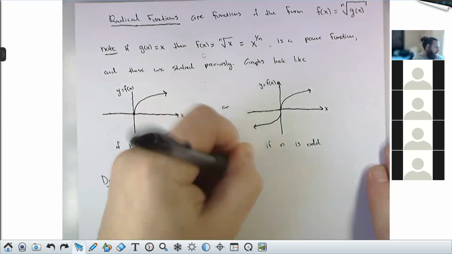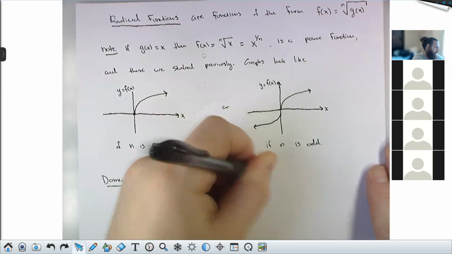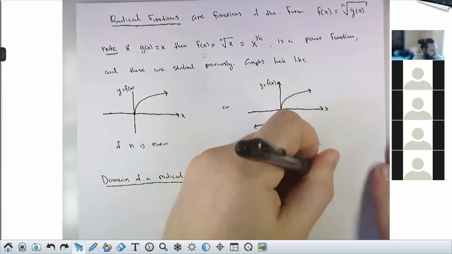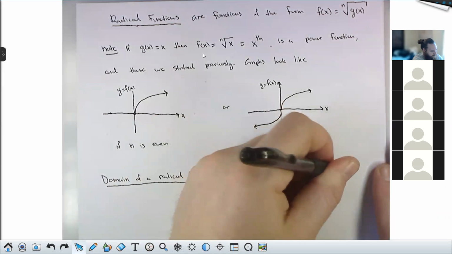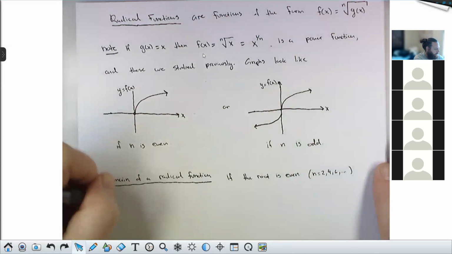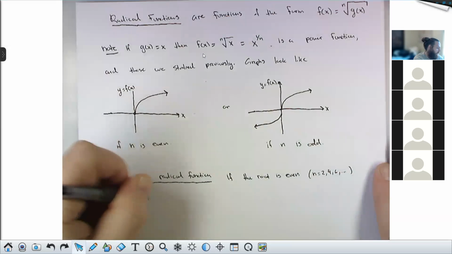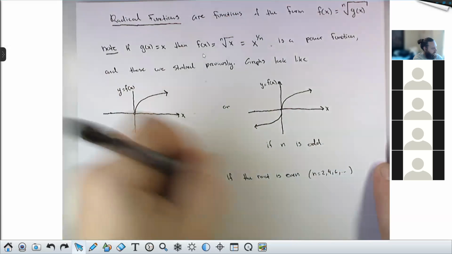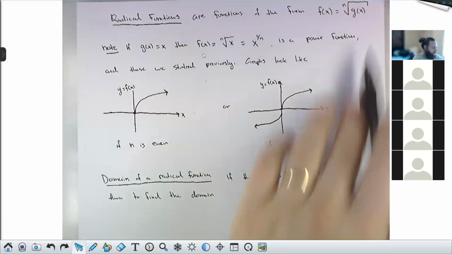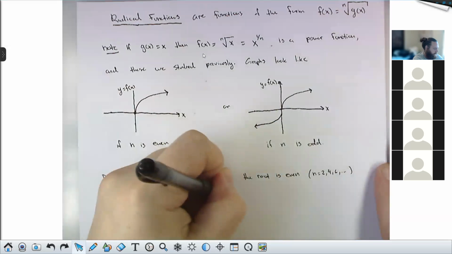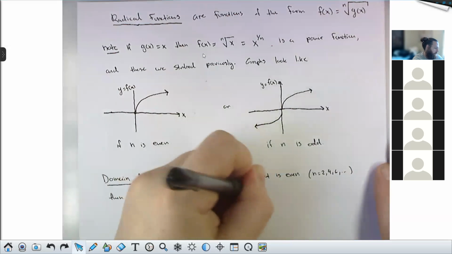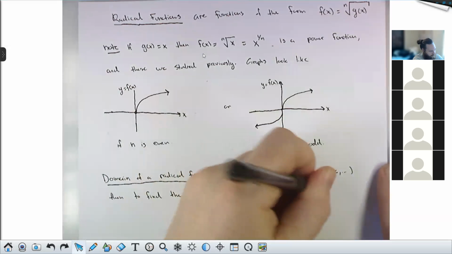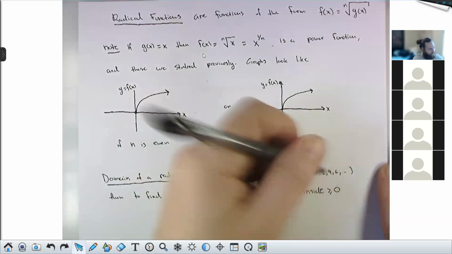So if the root is even, like n equals 2 or 4 or 6, then to find the domain, you need to set the inside, which is the thing we call g of x up here, greater than or equal to 0.